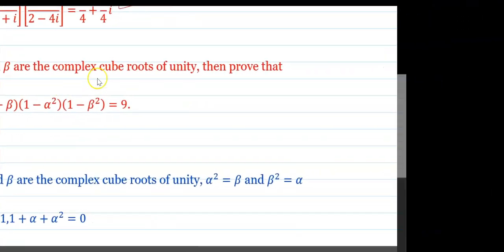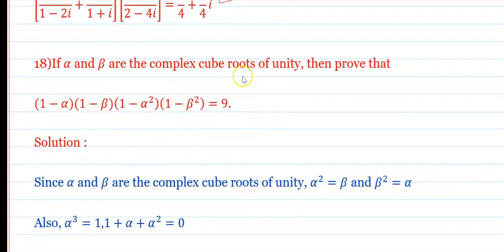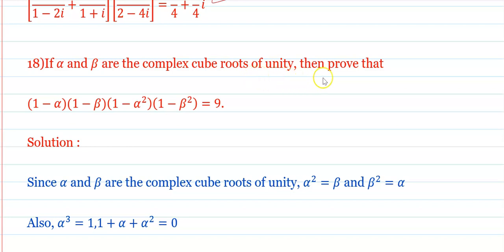If alpha and beta are complex cube roots of unity, then prove that (1 minus alpha)(1 minus beta)(1 minus alpha square)(1 minus beta square) equals 9.